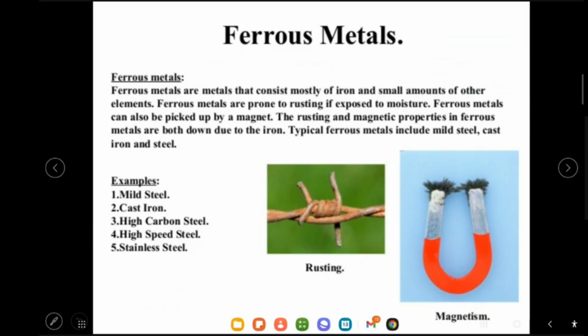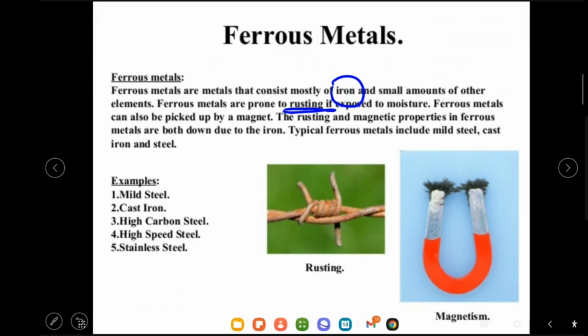So some of the properties of ferrous metal: we know that ferrous metals are metals which consist mostly of iron and a small amount of other materials or elements, for example, carbon. We will talk about that later on. There are two main properties of ferrous metal. The first one is that it has the tendency to rust if it is exposed to moisture.